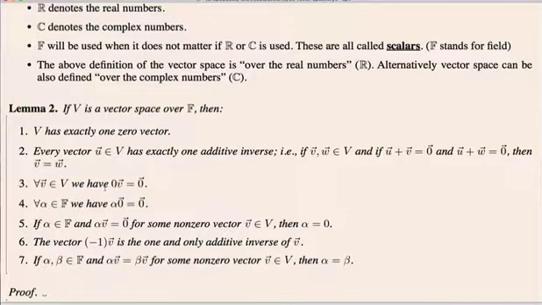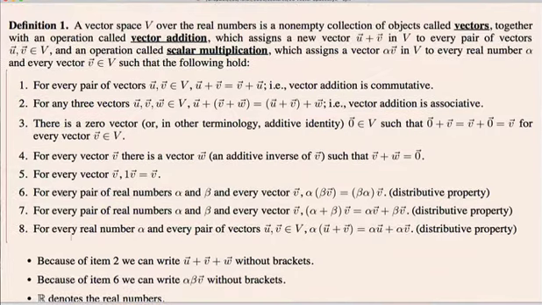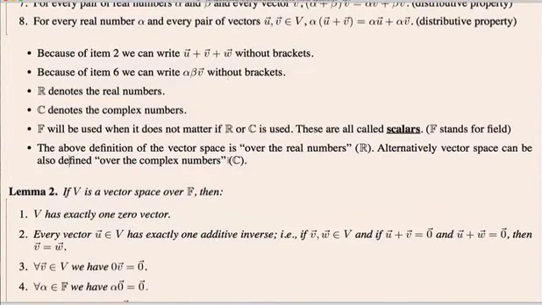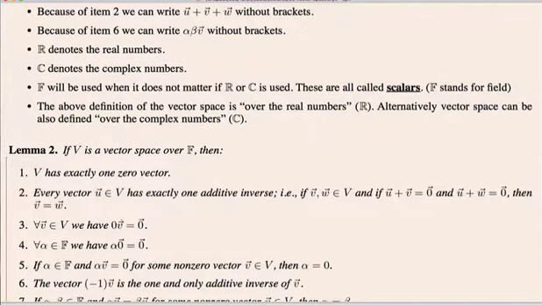It's interesting again to go back and see that this wasn't mentioned anywhere. We don't mention the scalar 0 anywhere in the definition, we have a 0 vector. This one mentions the 0 scalar.